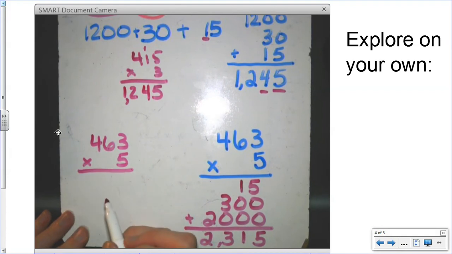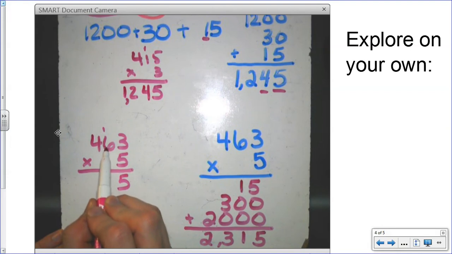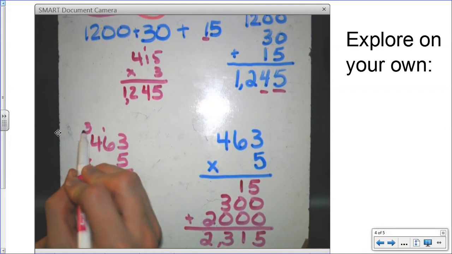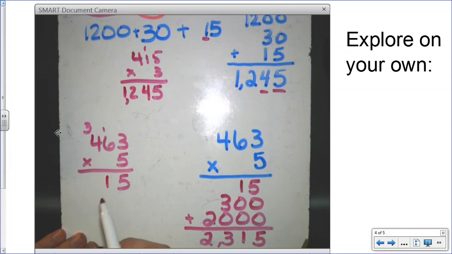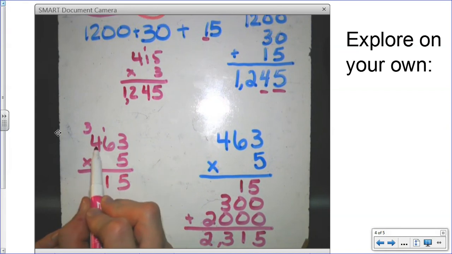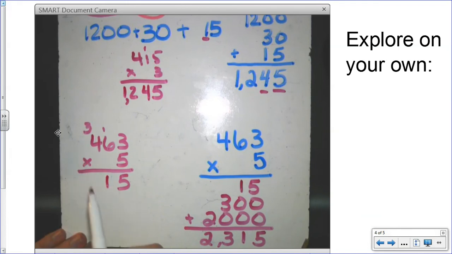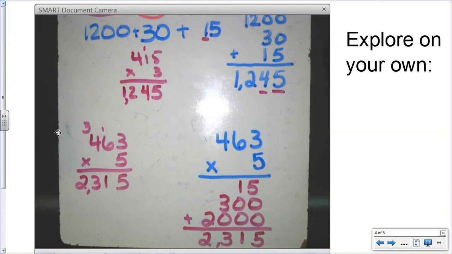If you did it with the algorithm, you got 15 ones, you have 30, 31 tens, and you carry 3 tens over. And then we have 20 hundreds plus 3 extra hundreds is 23 hundreds, or 2,315.